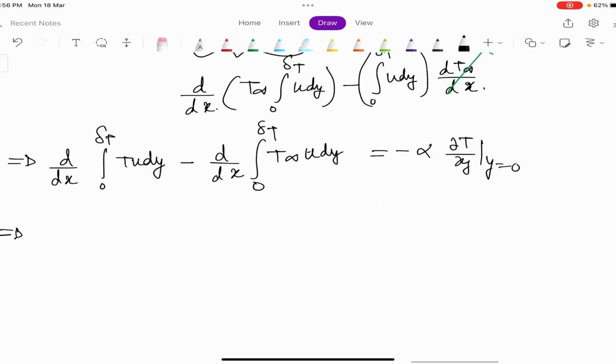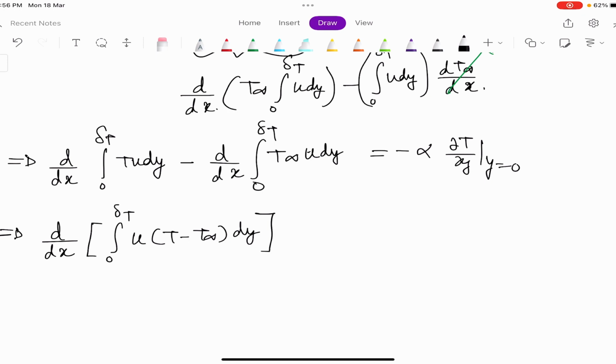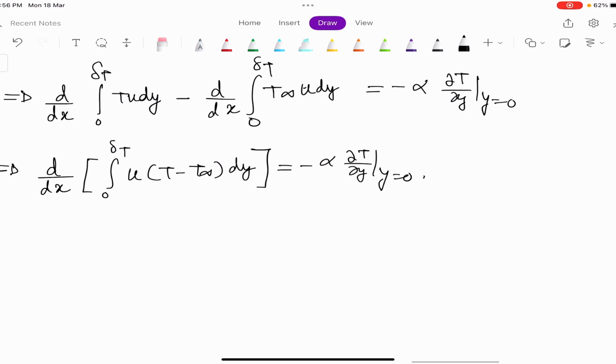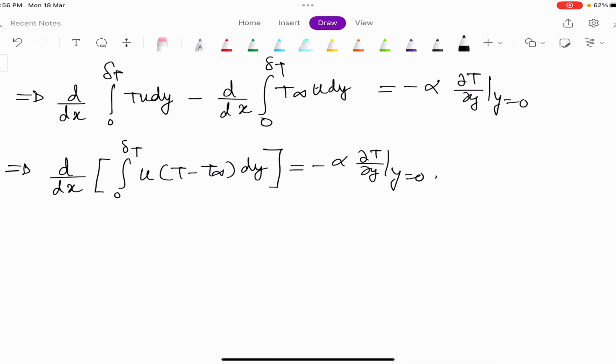So ultimately I am getting u common, T minus T infinity dy, d/dx of this equal to minus this. You see that we have got a similar expression to what we derived for the momentum integral equation. So this is the energy integral equation. Now the next step is the same: we will assume some temperature profile.